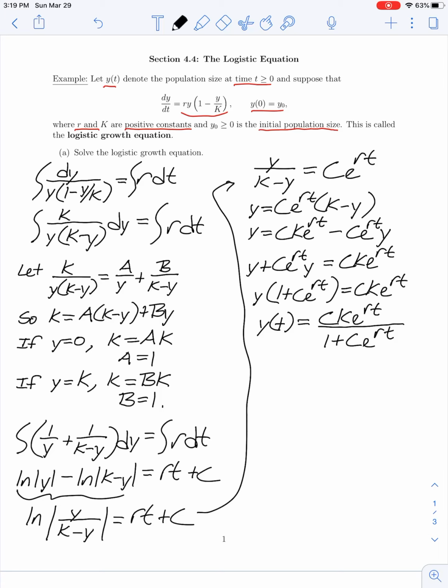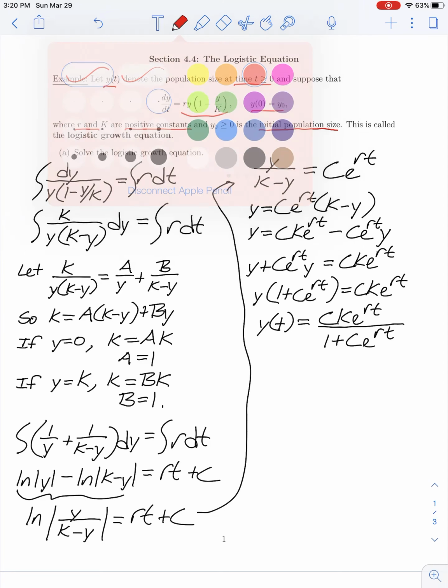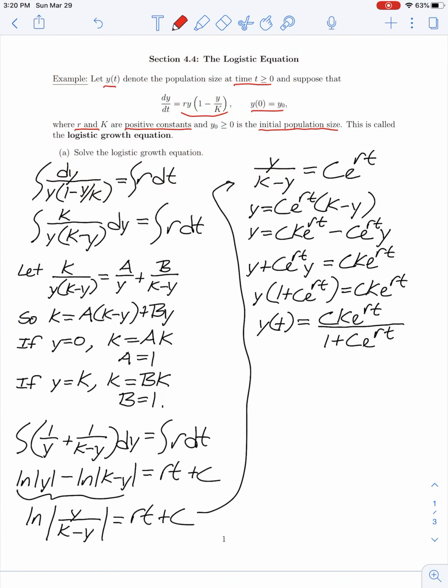So this is the general solution of that logistic growth equation, but we need to solve for the constant c, making use of our initial condition. Now, the initial condition that we were given was y of 0 is equal to y naught. Now, we could make use of that initial condition to solve for our constant c a little bit earlier in our problem.